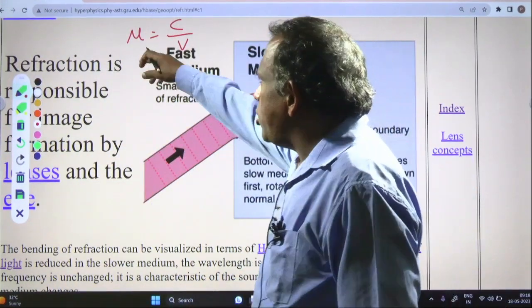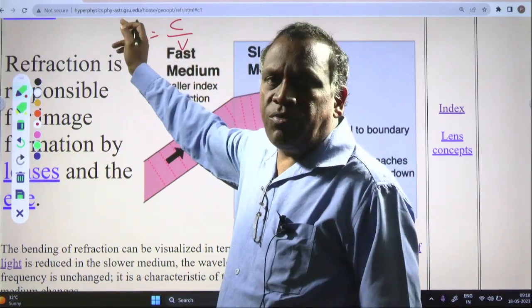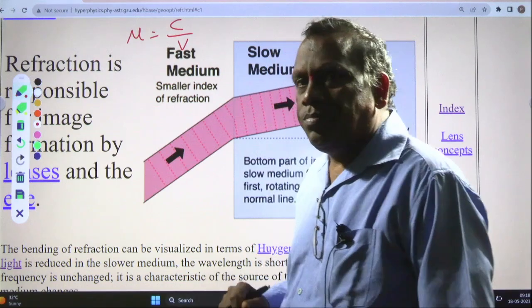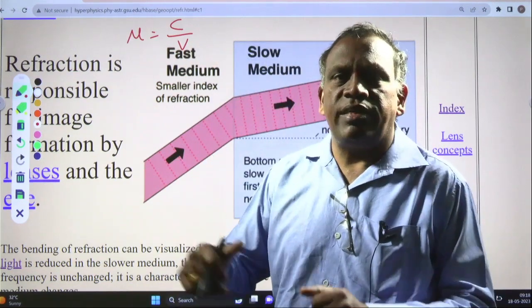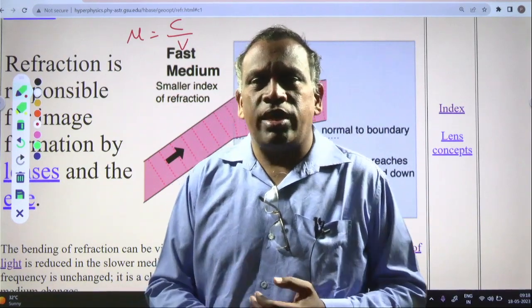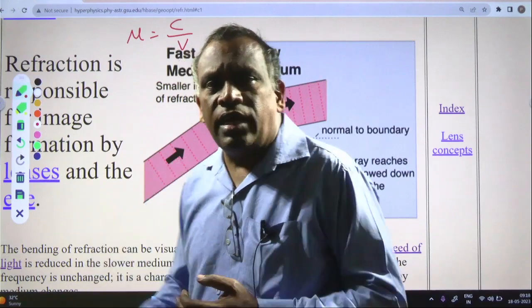See, if you know the mu value, you can find the speed of light, because the speed of light in vacuum is constant. If the refractive index is more, that is called a denser medium. If the refractive index is less, it is called a rarer medium.